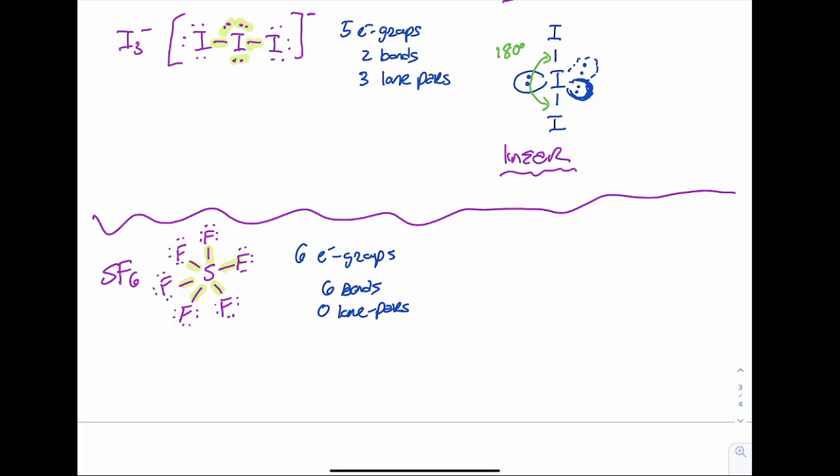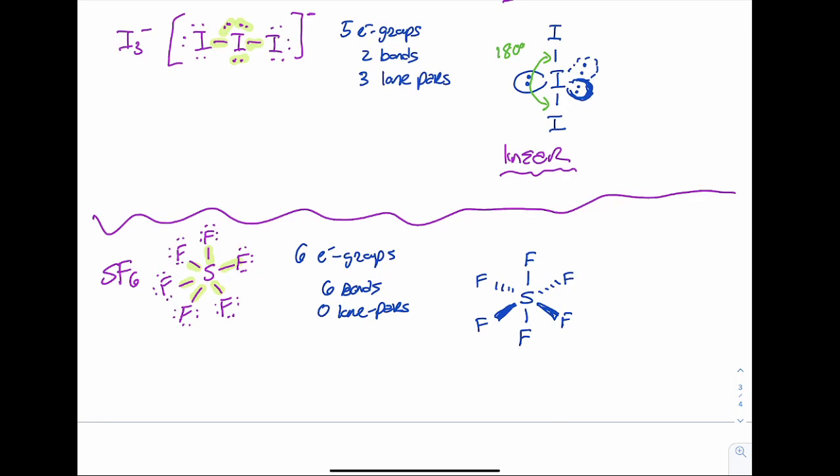So when I draw this one, sulfur is going to be in the middle. I'm going to go up to a fluorine. I'm going to go down to a fluorine. And then I'm going to have on each side one coming out and one going back. So a fluorine coming out, a fluorine going back, a fluorine coming out, and then a fluorine going back.